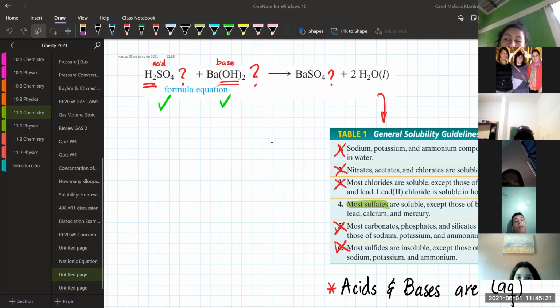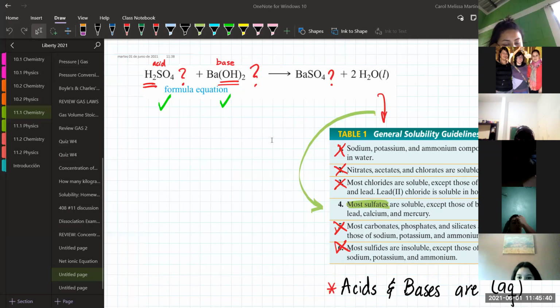Okay? So we look at the table again, and we look for the rule about the sulfates, which is right there. It says, most sulfates are soluble. So we're talking about sulfates, most of them are soluble. But let's continue reading about the exceptions.